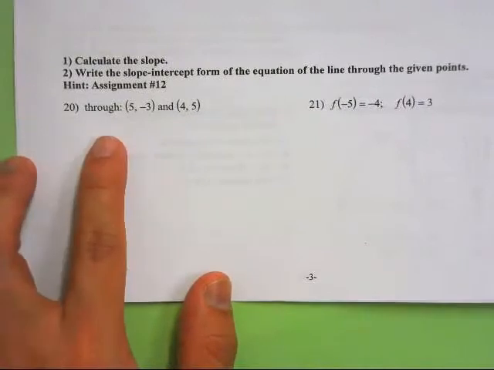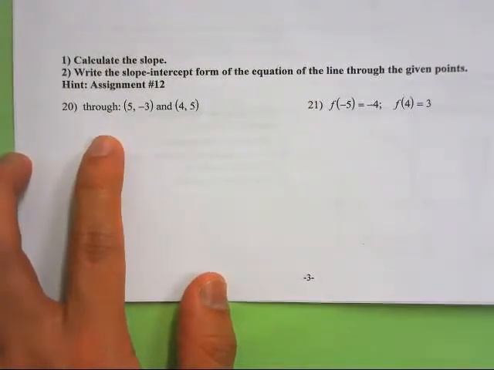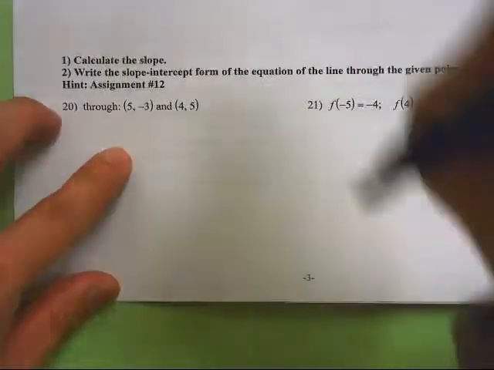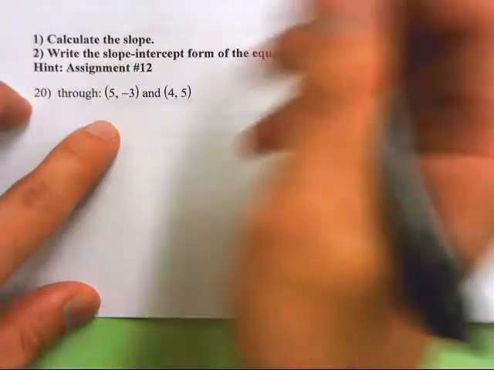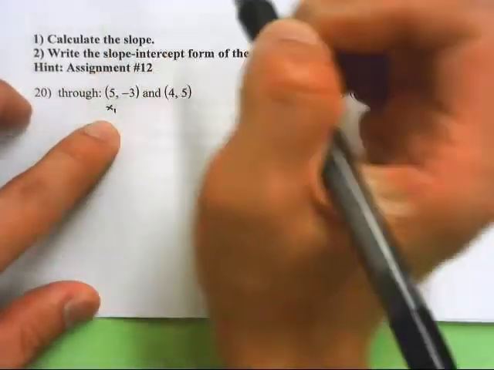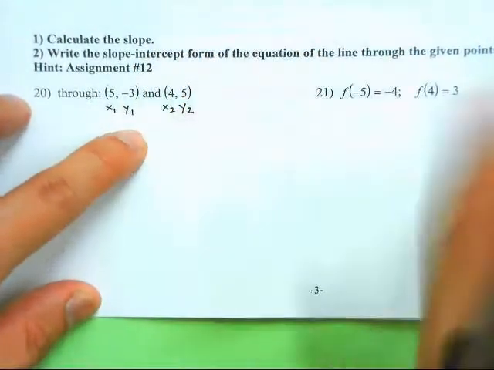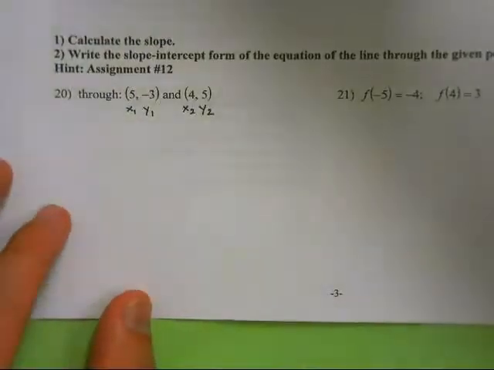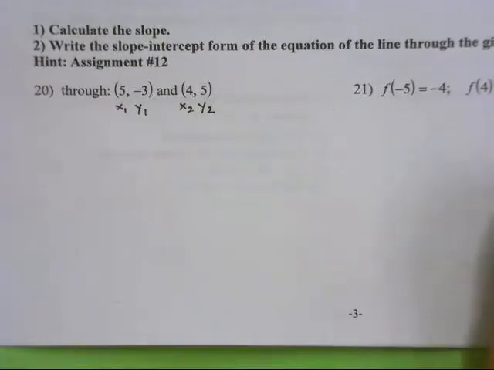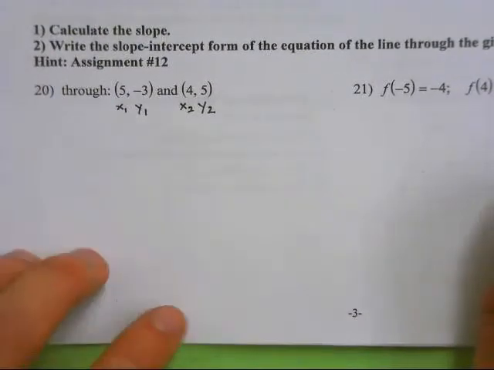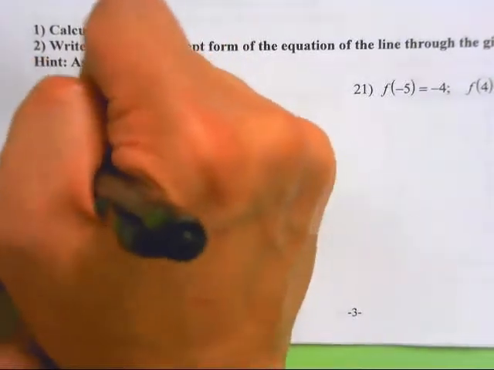Okay. Number 20, we've got to get the slope, and then we've got to write the equation. It's got to go through these 2 points. So we can label this as x1, y1, and then x2, y2. The instruction says we have to get the slope, so what is the slope formula again?